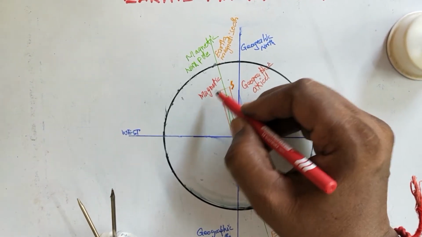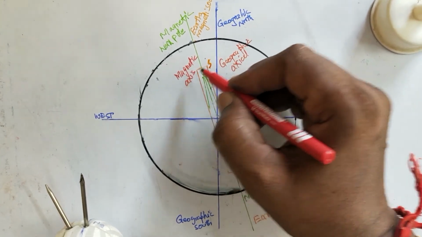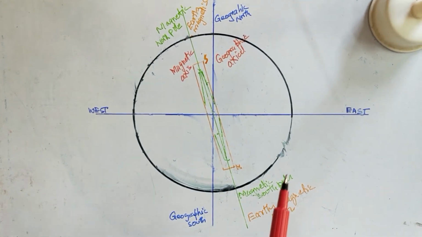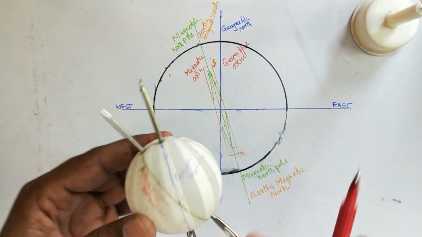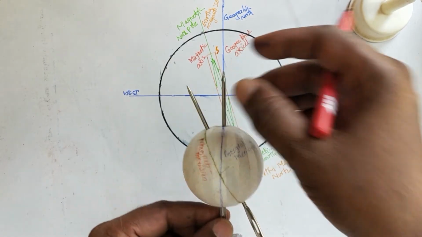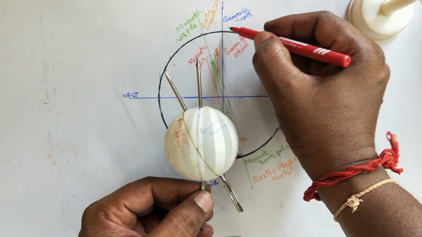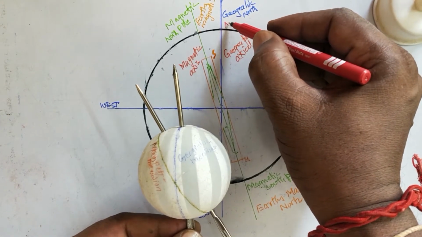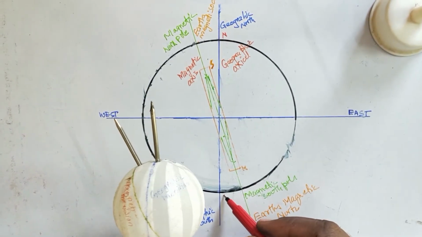Now for a better understanding, I have taken a ball here and I have pierced a rod showing the geographical poles here. This is the north pole of this earth and this is the south pole.